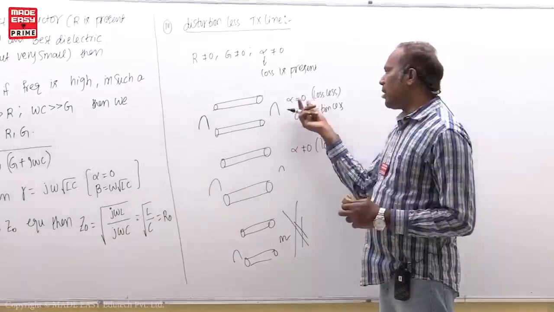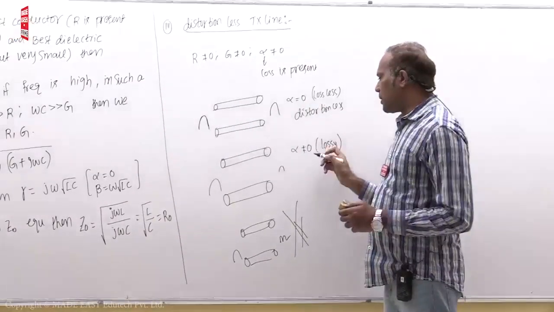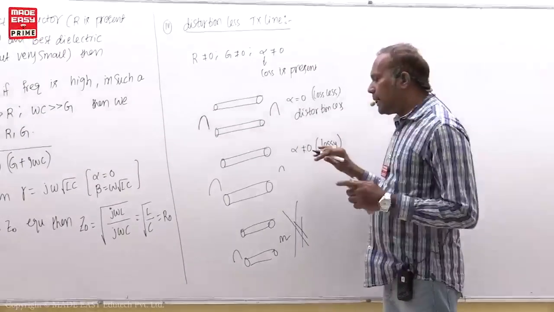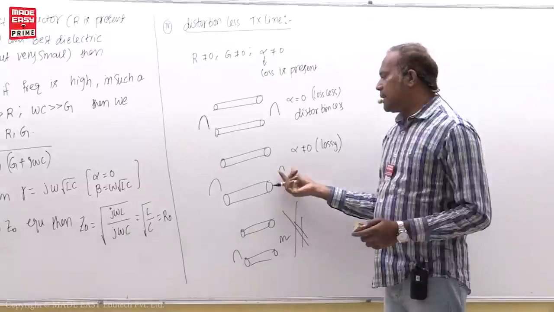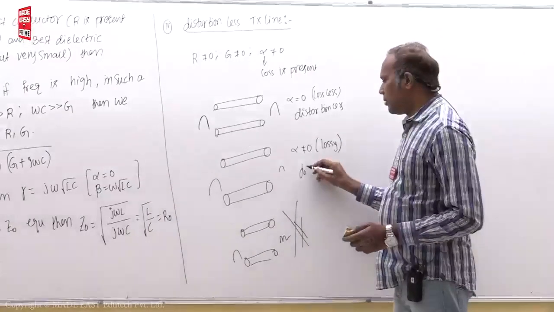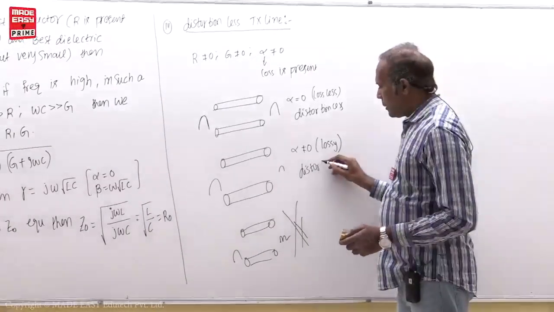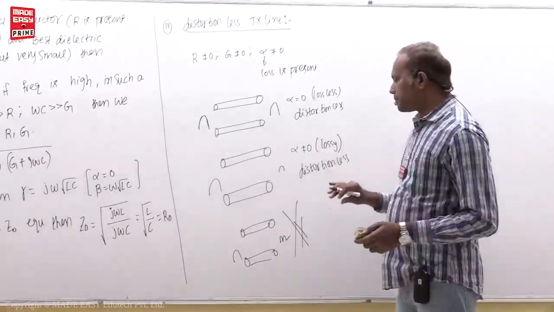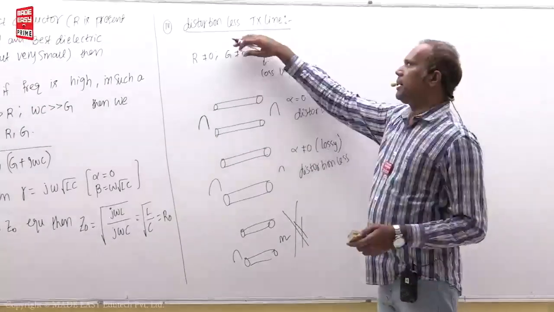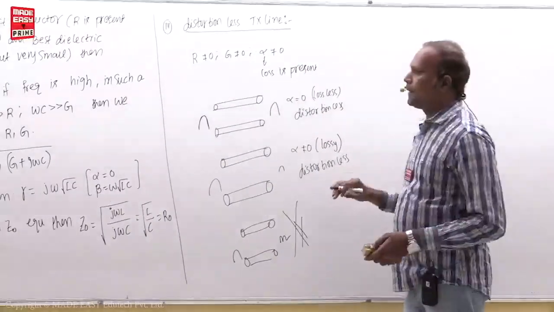If gamma is complex, alpha is present. So if alpha is present, loss is present, but at least we take care in such a way that signal shape is not changed, so distortionless is required. Now let us see what happens for a distortionless transmission line.